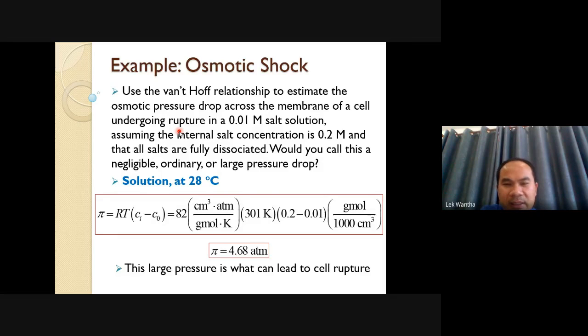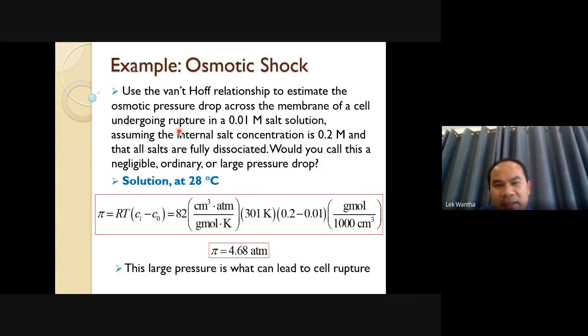For this case, mostly in cell disruption or bioprocess, we operate at about 30 or 28 degrees Celsius. For this example, I assume 28 Celsius. And then you can substitute the temperature into RT, where R is the gas constant. For this case, we use 82 cubic centimeter atm per gram mole per Kelvin.